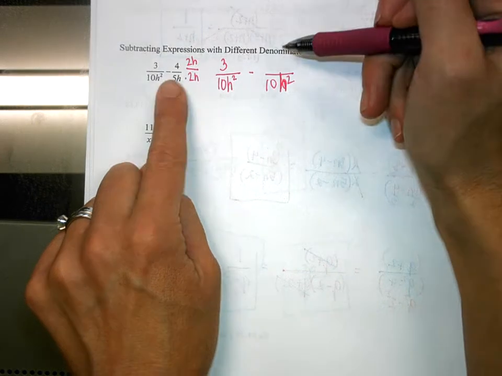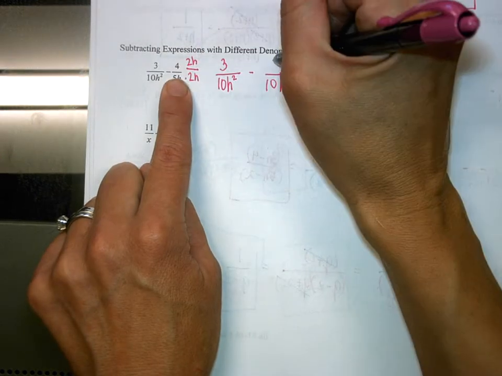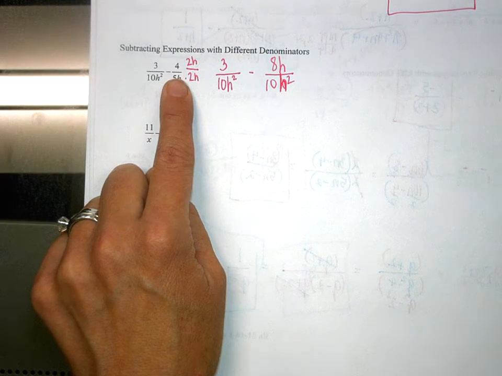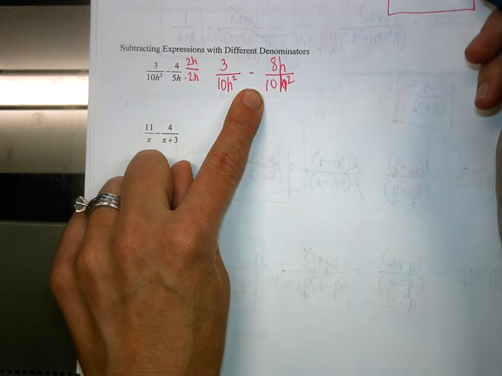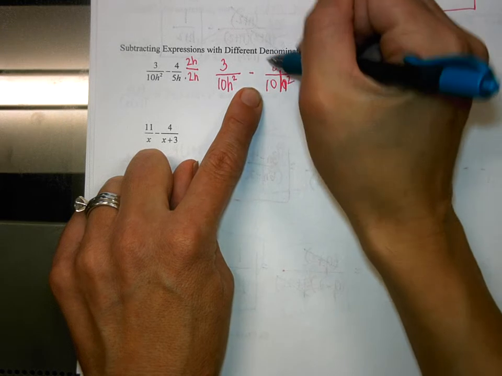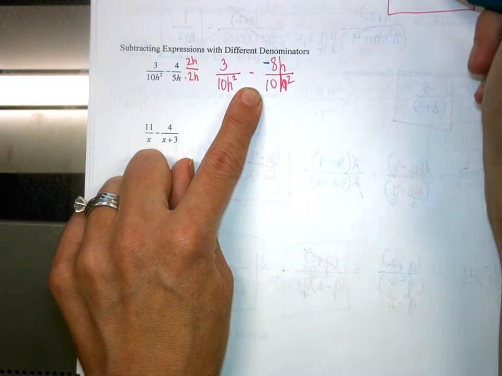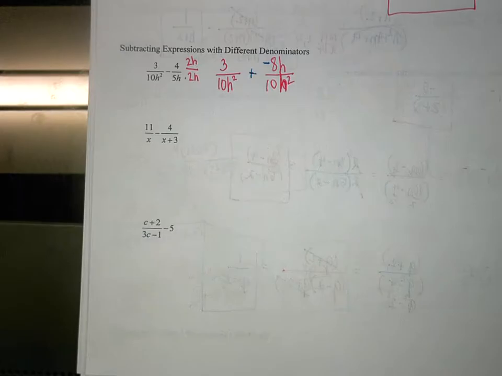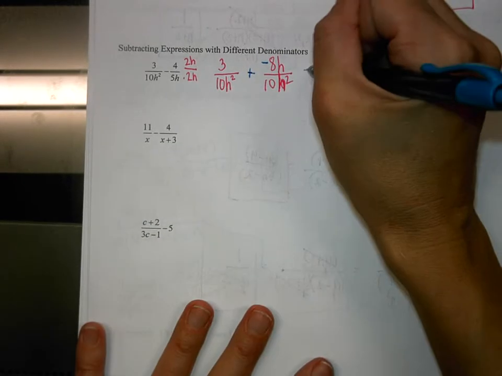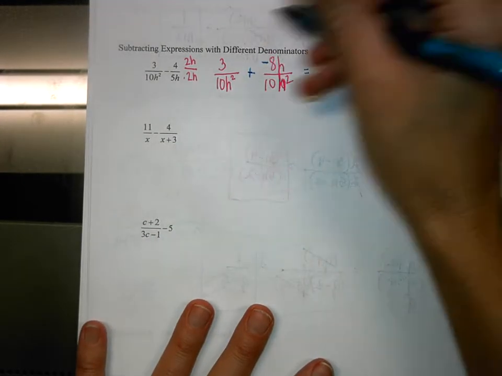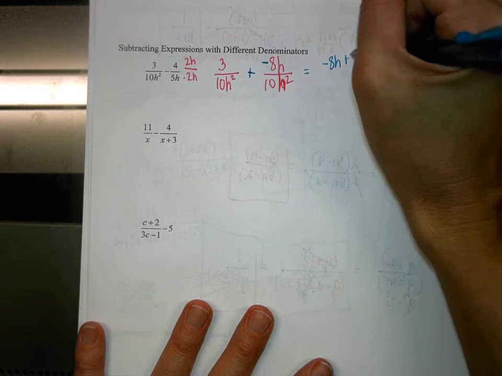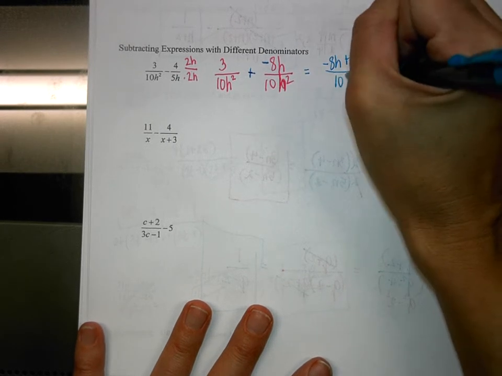Okay, 4 times 2h is 8h. Now, what do I do with that minus sign? Distribute it, but there's really just that one term, so that becomes negative 8h, and I make this a positive. I would try to write things always in descending order, so I'm going to write my answer as negative 8h plus 3 over 10h squared.